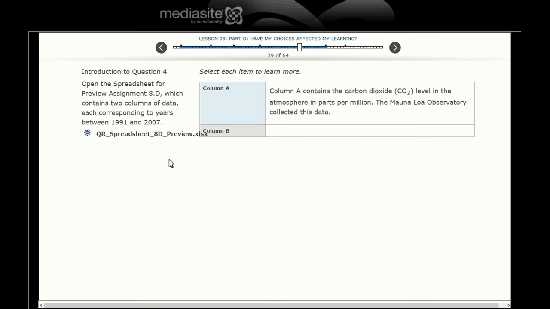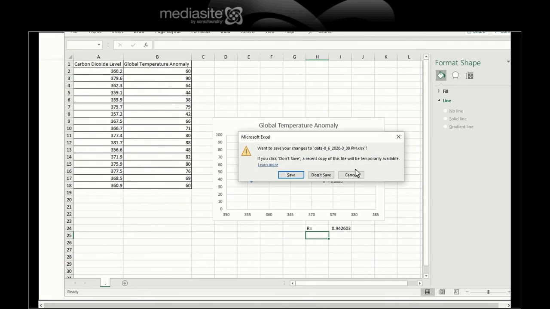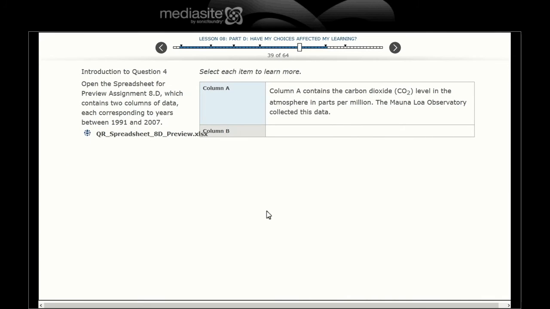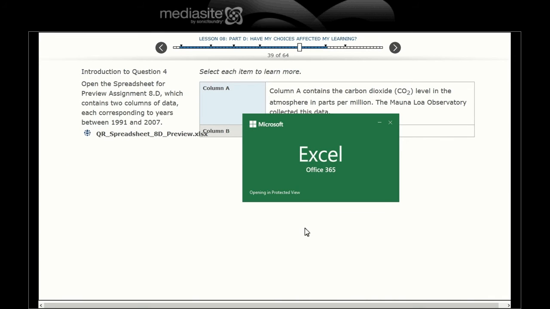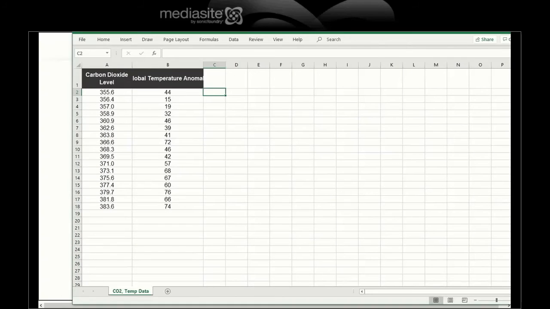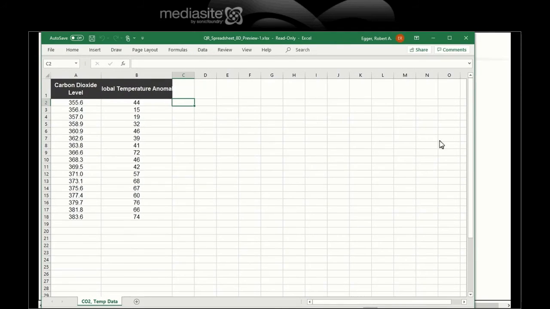Open the spreadsheet. Okay, spreadsheet.